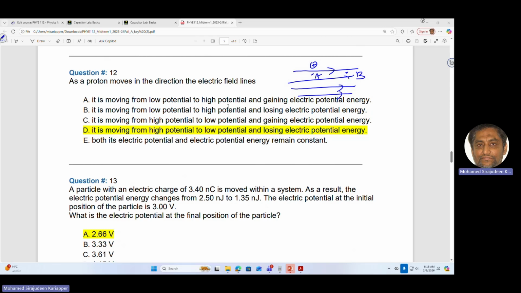Increases or decreases? Decreases. Positive plate is at a higher potential. Negative plate is at a lower potential.